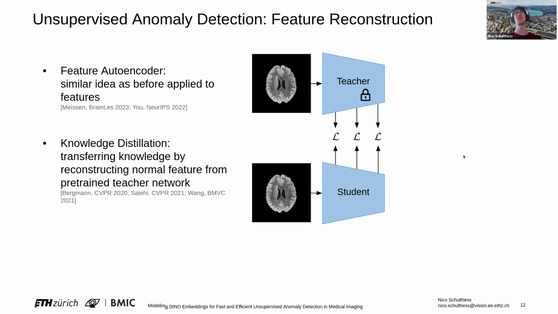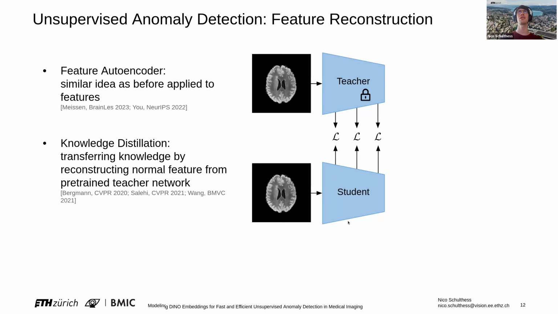Then this idea is also brought further to knowledge distillation approaches, where you have a pre-trained teacher network, and a student network that you train on normal images to minimize the discrepancy between the teacher and the student features. So the teacher can be trained on any images, including anomalous images.